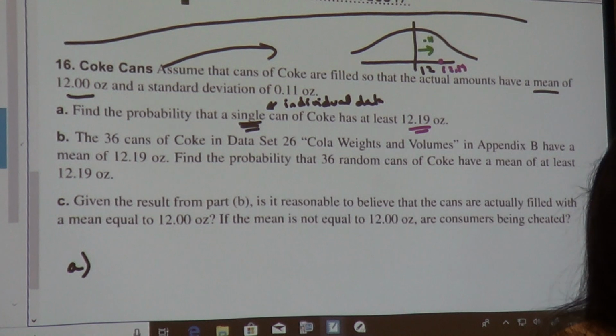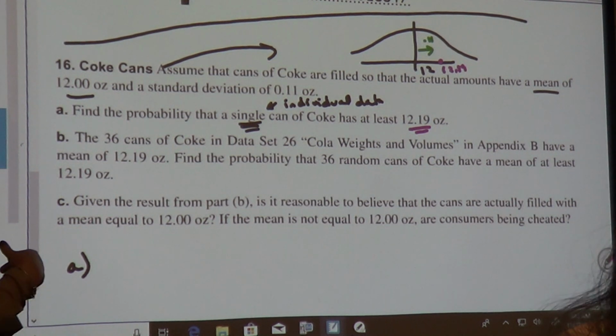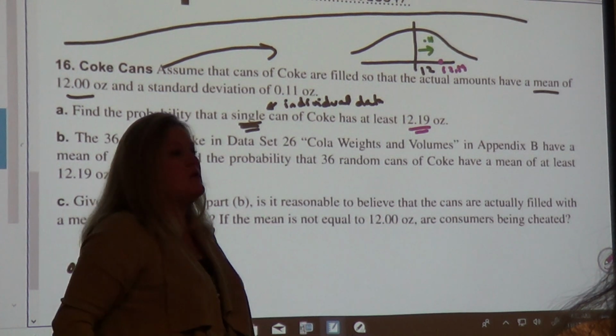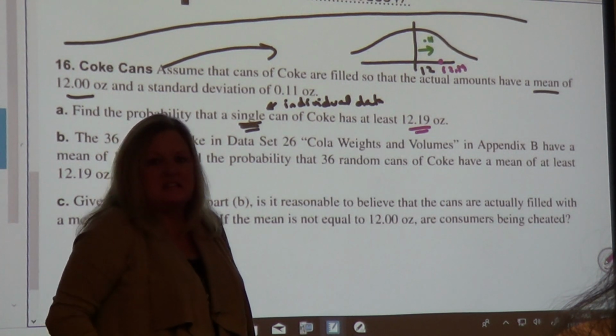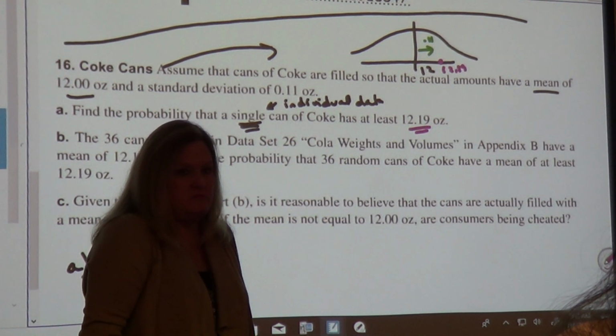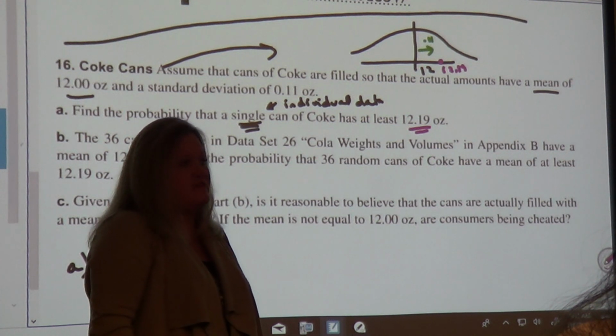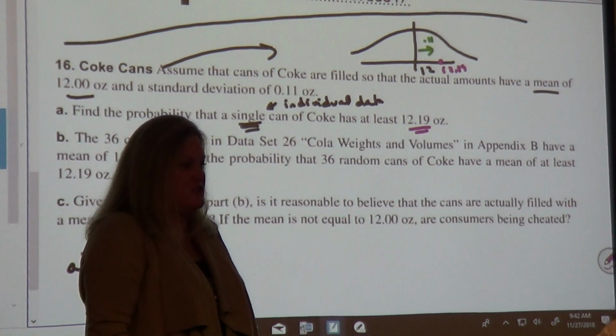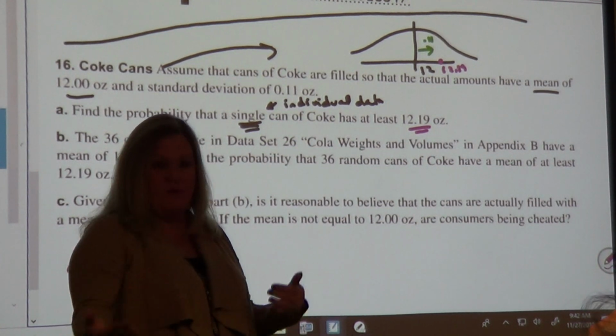So am I shading to the left or to the right of that point? To the right, because I always say if you have at least $5 in your pocket, does that mean you have less than $5 or more than $5? If you have at least $5, that means you have 5 or more.